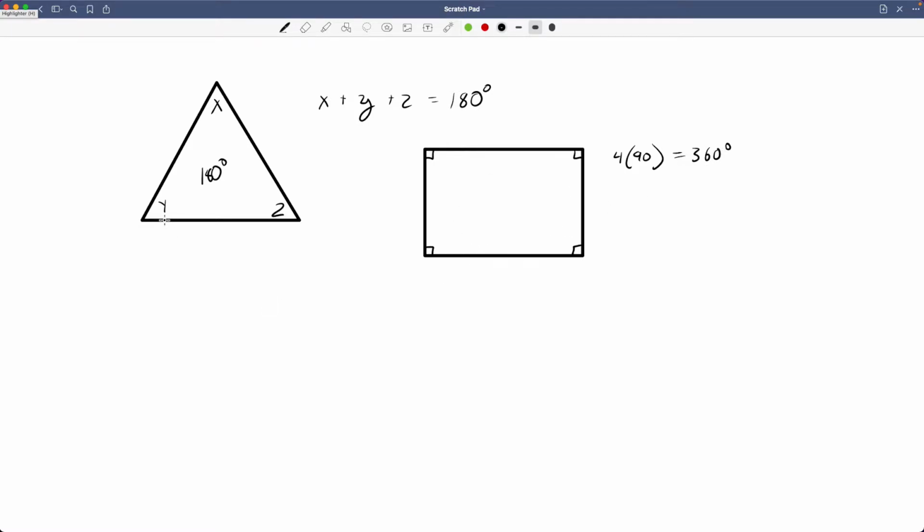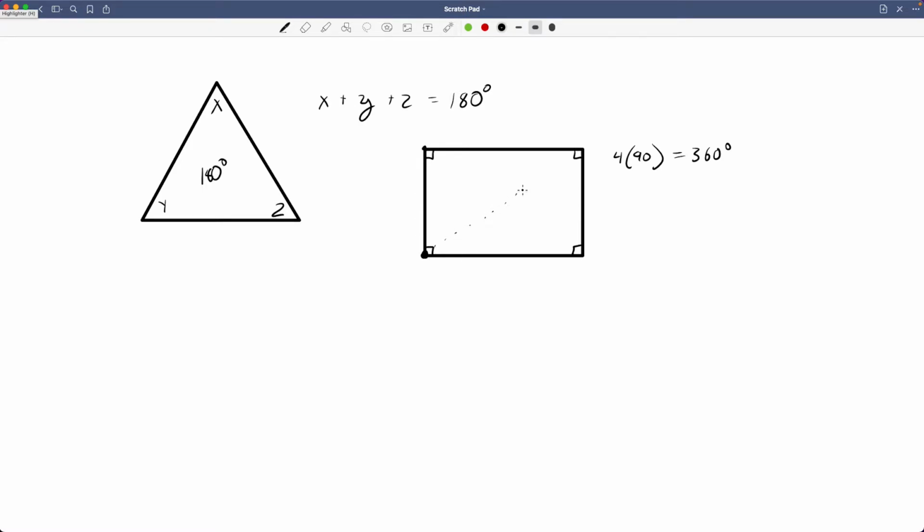But we can also use this triangulating theorem here, or the rule, to help us as well. We can pick any vertex here, and we can draw a diagonal to create triangles within any polygon. And we're going to use this one just to prove the point right now. So here we have a vertex here. We're going to draw a diagonal to every vertex in this shape. So there's one already drawn here, so we don't have to draw to this vertex.